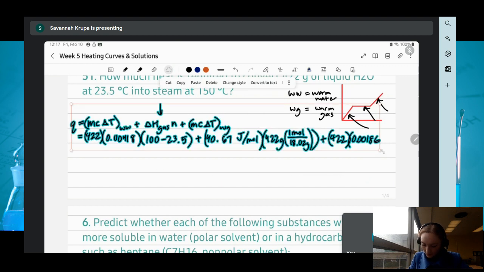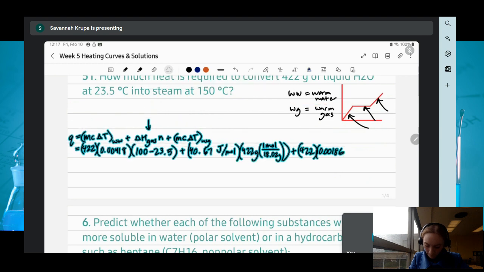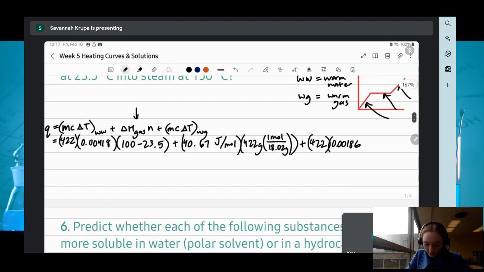Hopefully you can see this okay. And multiplied by the change in temperature as well. Since we're starting with 100 degrees Celsius here, and we're changing it to 150, it'll be 150 minus 100 for our change in temperature. So those are all the terms written out.